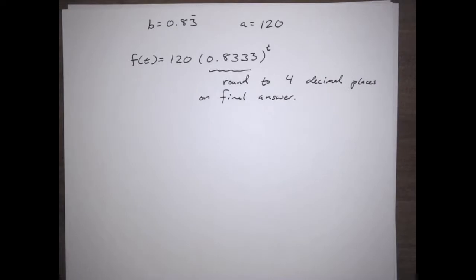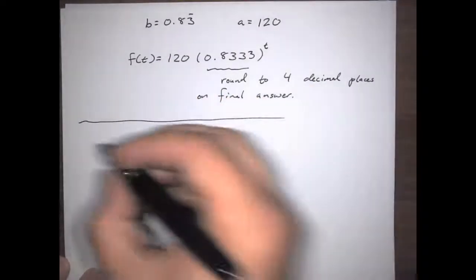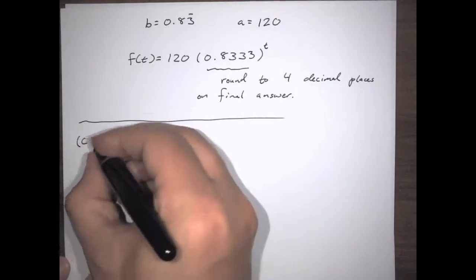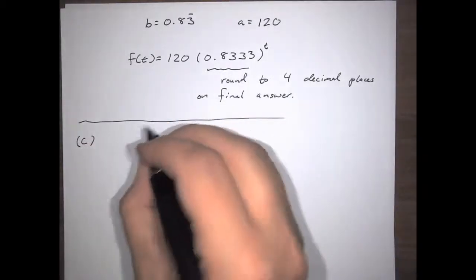Now let's do one where it doesn't work out so neatly. These two have worked out pretty nicely, but that won't always be the case. So let's see what it looks like if it's just helter-skelter bad numbers.